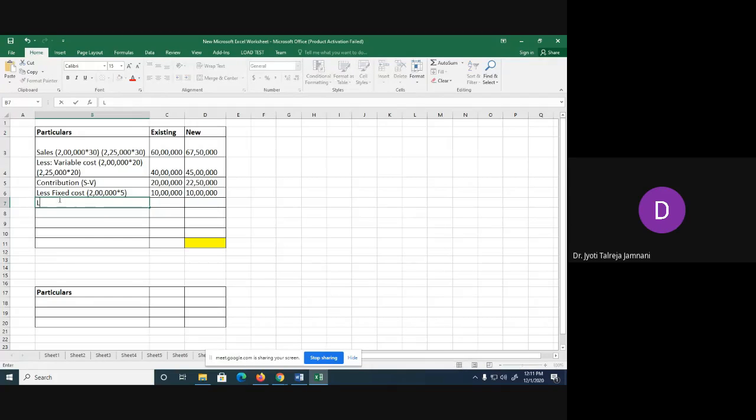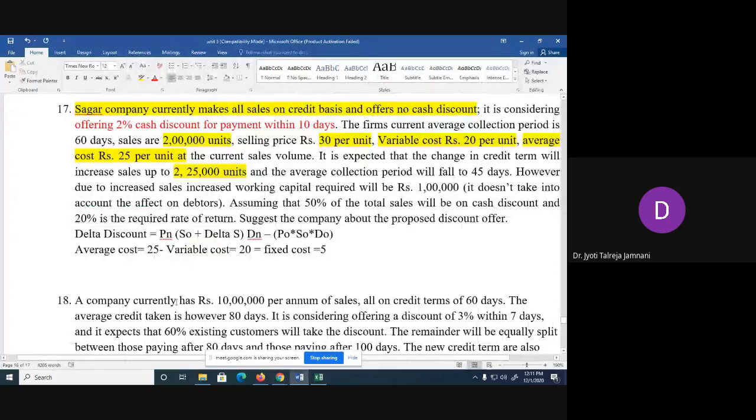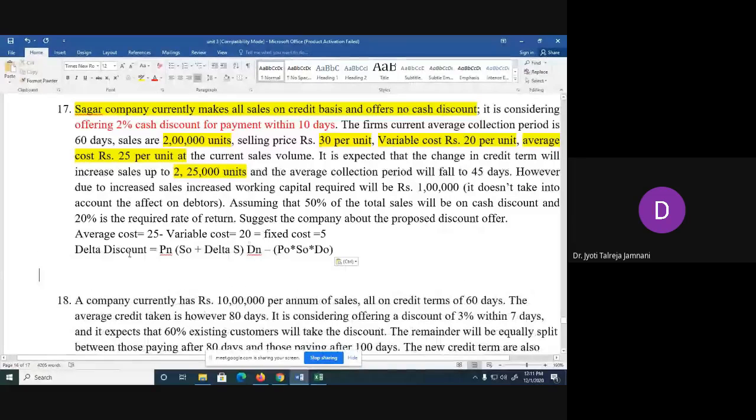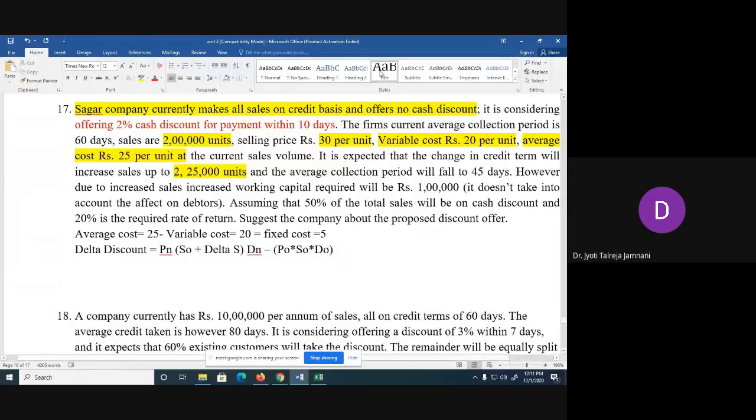Now we will less discount. So we'll have to calculate discount. There are no bad debts in the problem, but there is discount in the problem. So we'll use this formula for calculating discount. Okay, delta discount is equal to PN. PN is nothing but proportion of new customers who will take the discount. So let's see here, they might have given it.